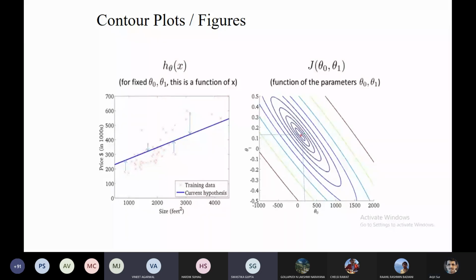Now you see we are almost at the center. Now this particular line is very consistent, relative to the other lines, with these data points, so we are very close to the center of the error surface.